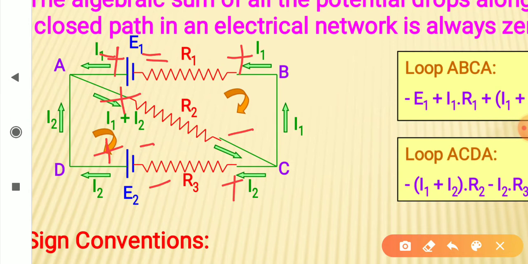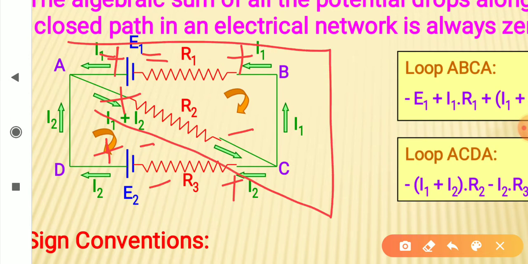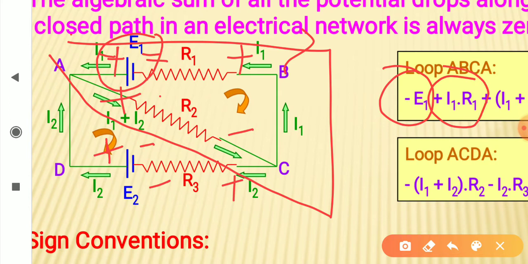Now, in a closed path, you can move clockwise or anti-clockwise. That is your choice. So if you look at the equations now, while moving from point A along B, C, like in loop A, B, C, A, along this path: for cell E1, you are moving from higher potential to lower potential, so E1 is negative. Through resistance R1, we are moving from lower potential to higher potential, a rise of potential, so plus I1 R1.